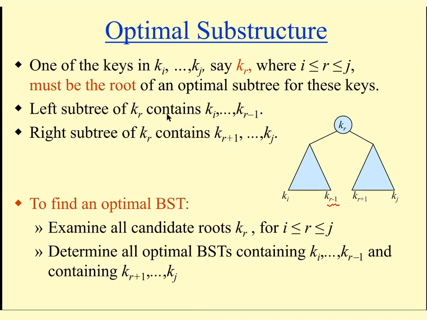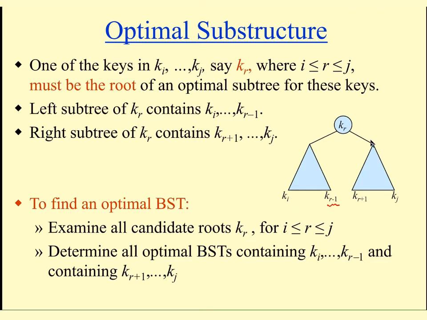So the left one is ki to kr minus 1, and the right one is kr plus 1 to kj. For example, we said this subtree is optimal, and then this one is the root.